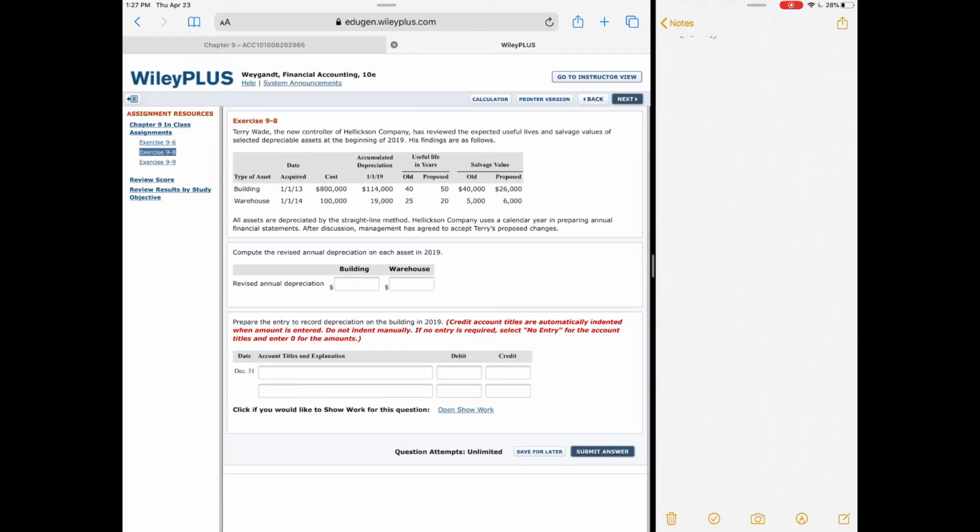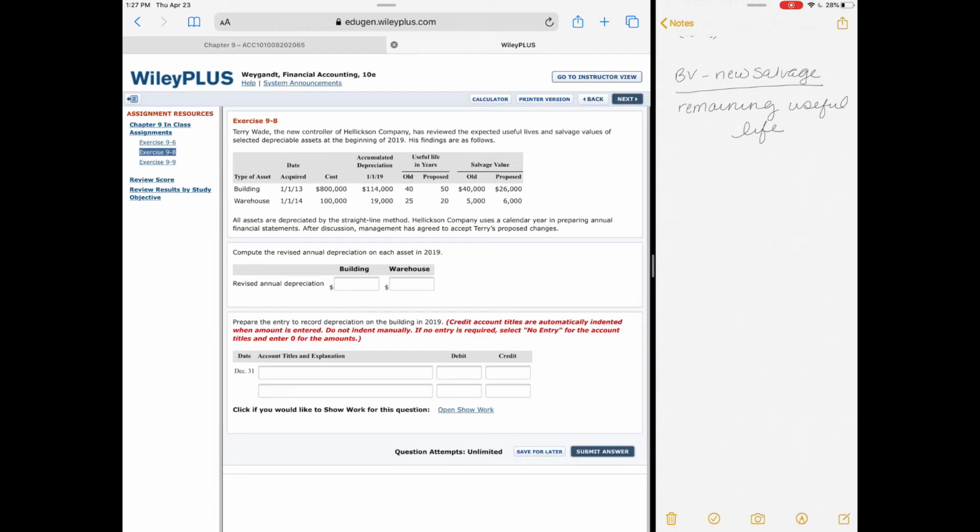Under revised depreciation, we're going to take our book value minus any new salvage value and divide that all by your remaining useful life. And then that will give you your depreciation expense.